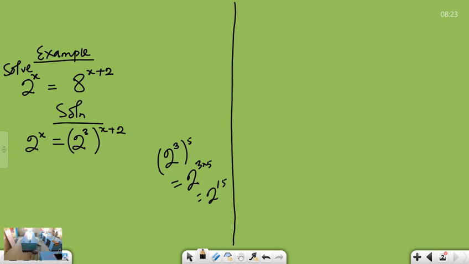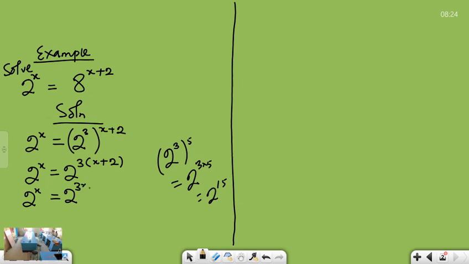So in doing this, we have 2 raised to power x equals 2 raised to power, then the powers now become 3 open bracket x plus 2. Then, if we decide to simplify further, we have 2 raised to power x equals 2 raised to power 3 times x plus 2.